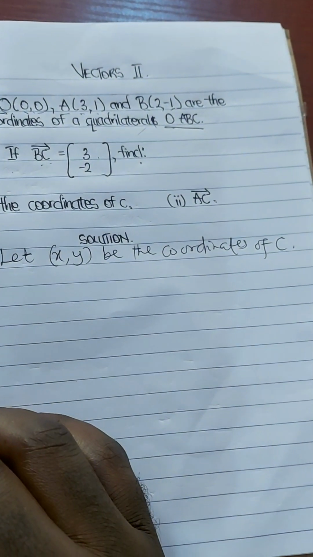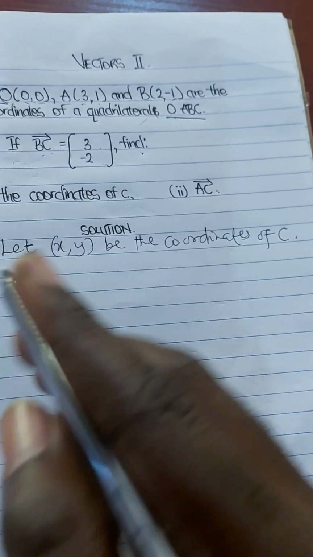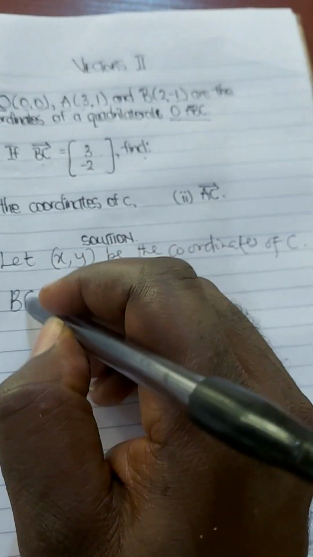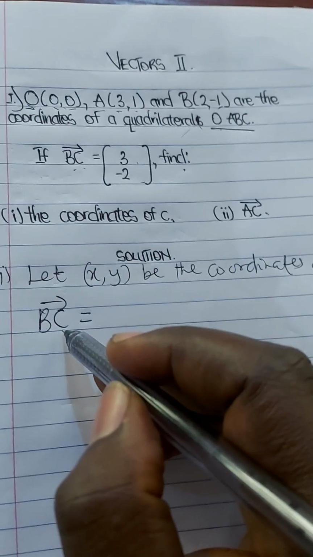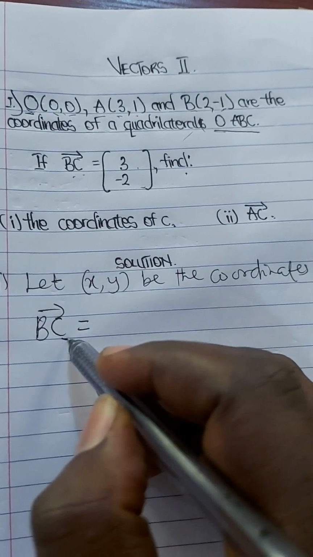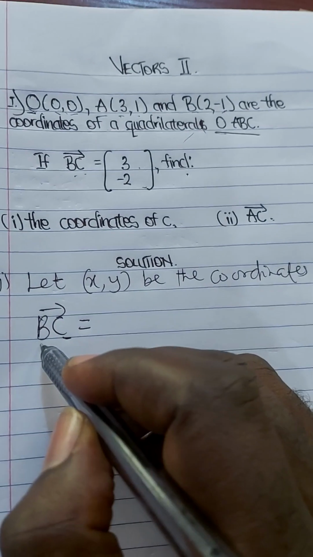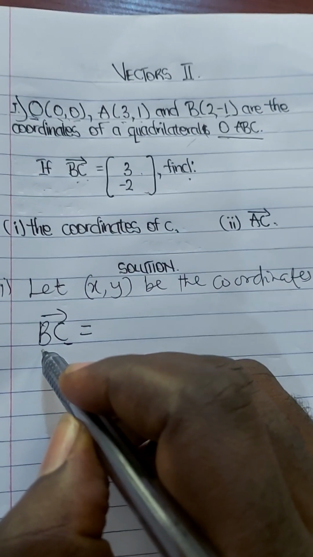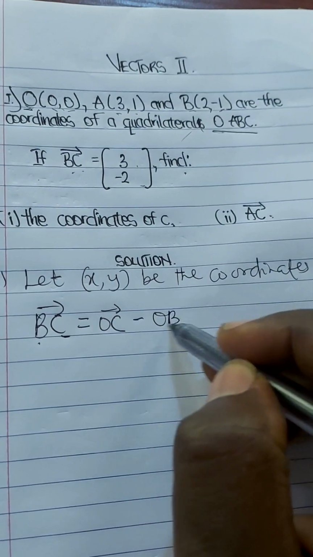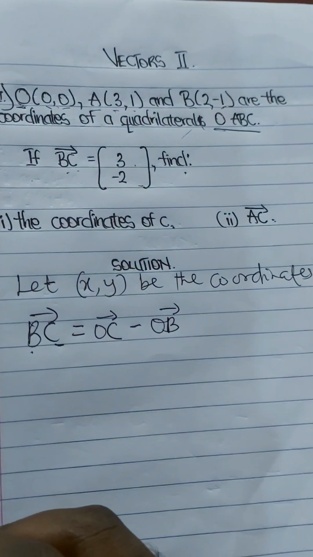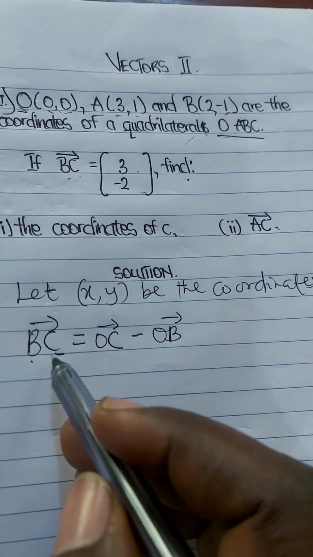So if X and Y are the coordinates of C, and we were given vector BC, we know with vectors, the second point minus the first point. So we will have OC minus OB. And what is BC?